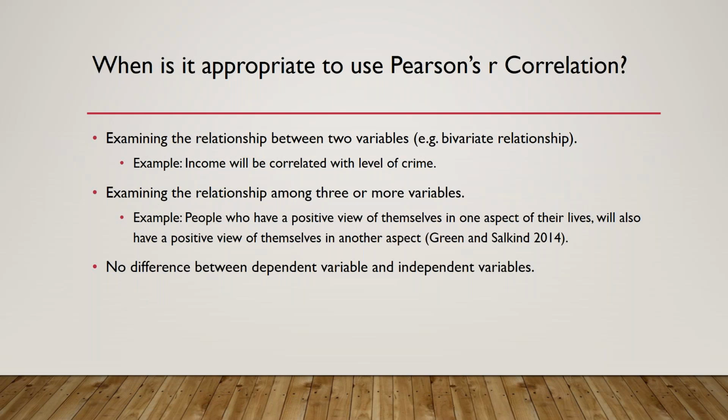For example, if people have a positive view of themselves in one aspect of their lives, they will also have a positive view of themselves in another aspect of their lives. It also looks at the strength of the relationship. It's not mentioned here, but it also tells you if there's a positive or negative relationship. The one thing is there's no difference between the independent variable and the dependent variable.